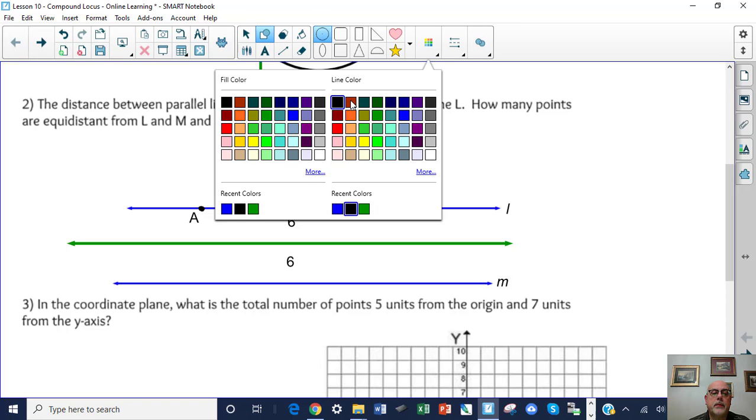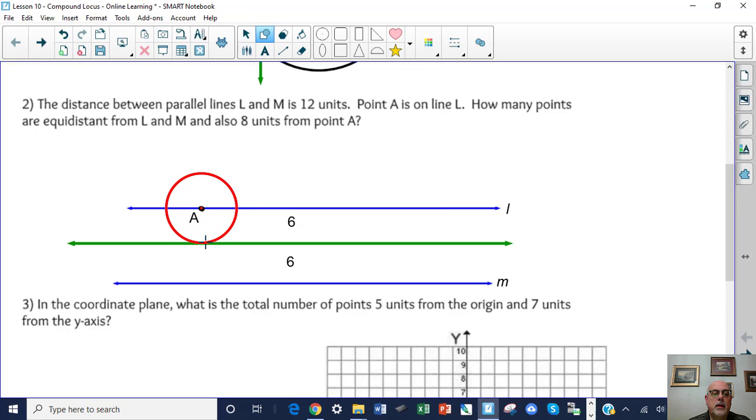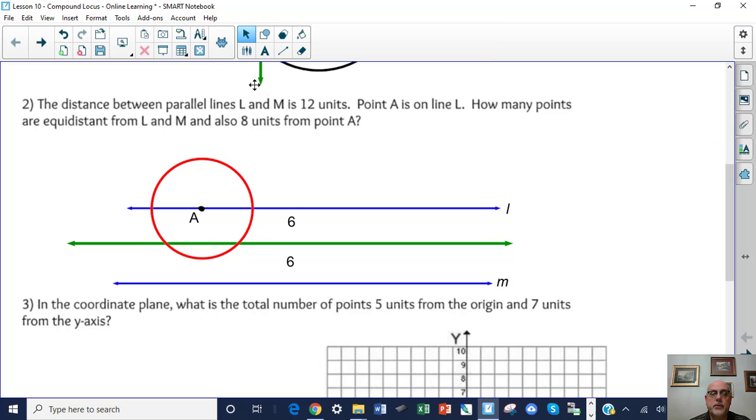Now, if I draw it to the green line, my radius is only 6, so I've got to go a little past it to have a radius of 8. So again, how many times do the two different loci intersect each other? They'll intersect 2 times, one here and one there. So it's important you handle one like we did with the green line, give yourself some points of reference, then you address the second requirement, 8 units from point A.